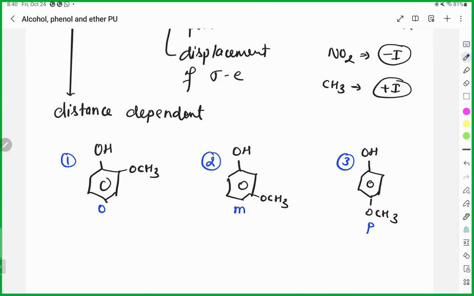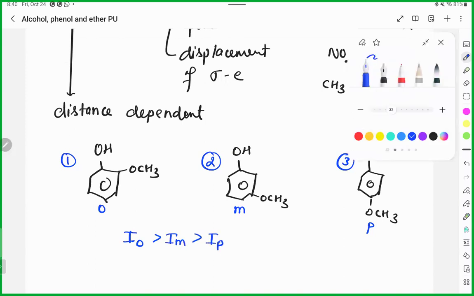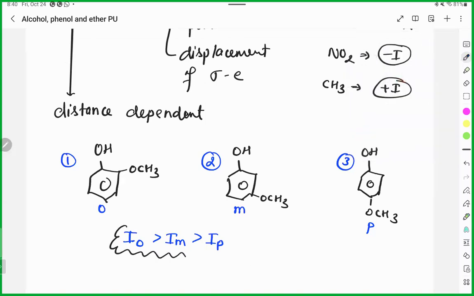So where out of ortho, meta, para will you see maximum inductive effect? Sir, ortho only. Exactly. So inductive effect will be maximum on ortho, then meta, then para. It is always true, Chinmay, doesn't matter whatever the situation. It will be maximum in ortho and minimum in para because of the distance.